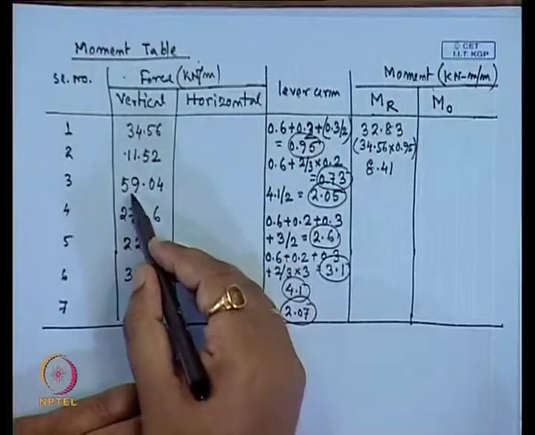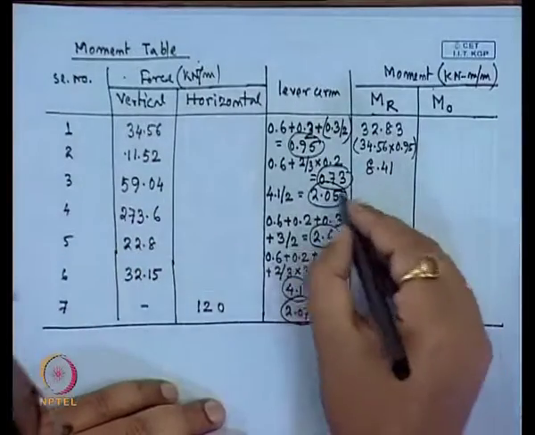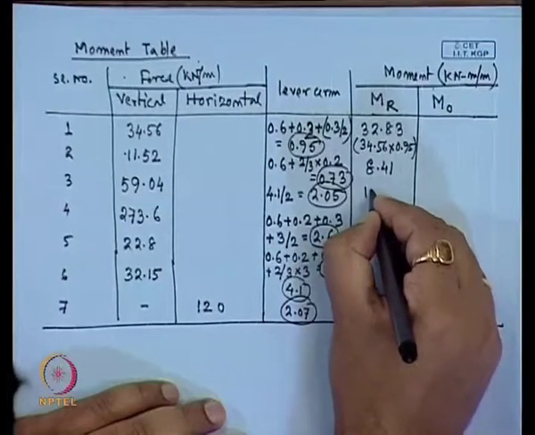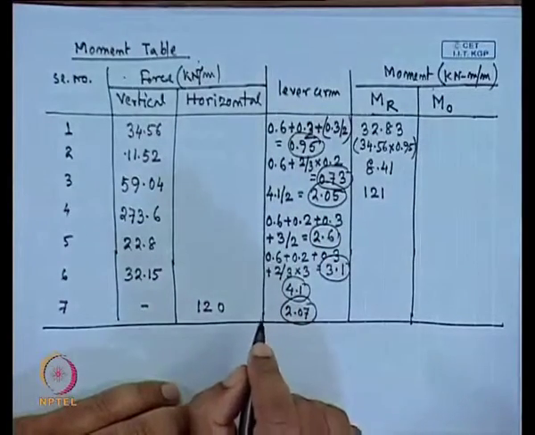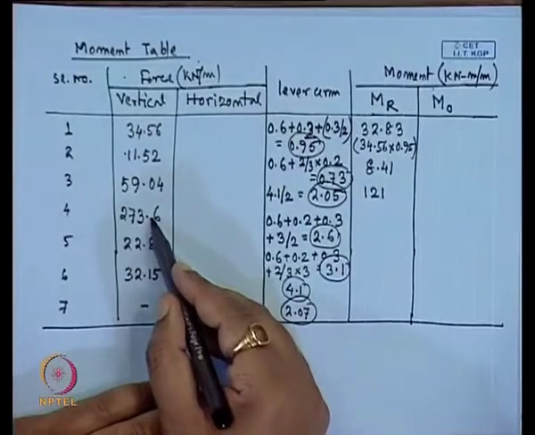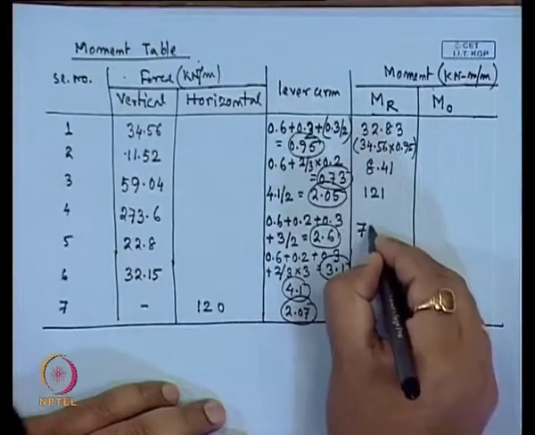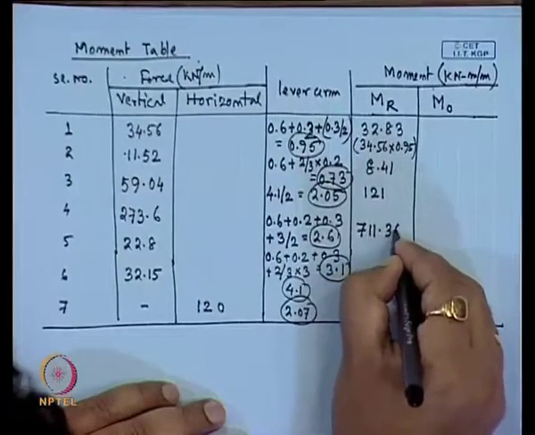Similarly, the third one is 59.04 into 2.05, so this will give 121. The fourth one is 273.6 into 2.6, that gives 711.36.